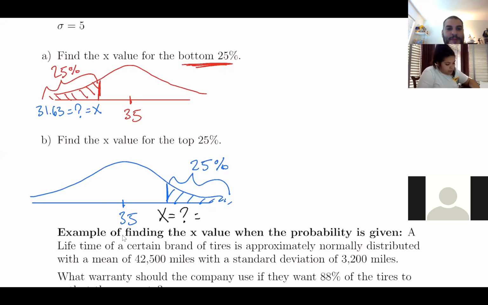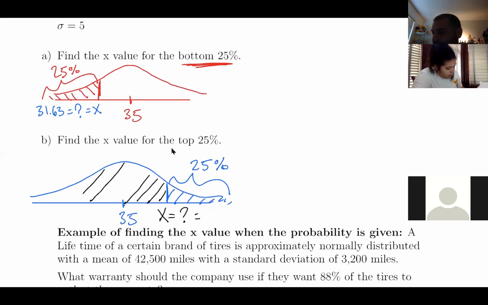If you look, the middle is 35, and the x value is to the right of 35. So I should know that x should be bigger than 35. For Class Calc, you always have to give it the probability of the left side. So we have to give it what this probability is. If I give it the probability of the right side, it's not going to give me the right answer because it's always expecting the probability of the left side.